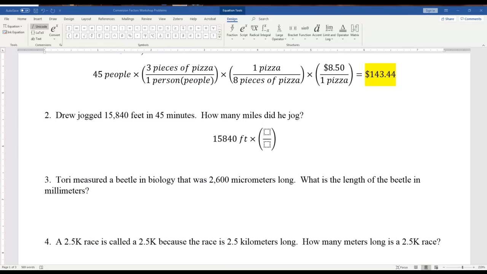Feet would go on the bottom. And here's why I always emphasize focus on the units first. Don't put any numbers until you have the units in place, because if you don't know what you're converting between, then you don't know what numbers are going to go there. You're right, foot is going to go on the bottom. What's going to go on top? What unit?